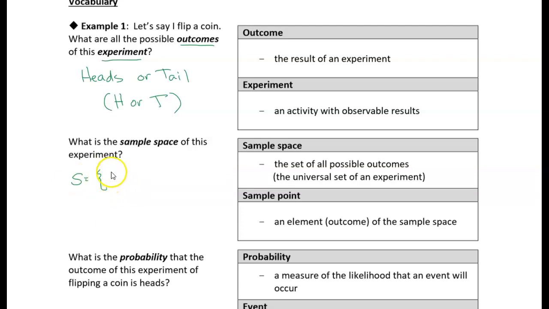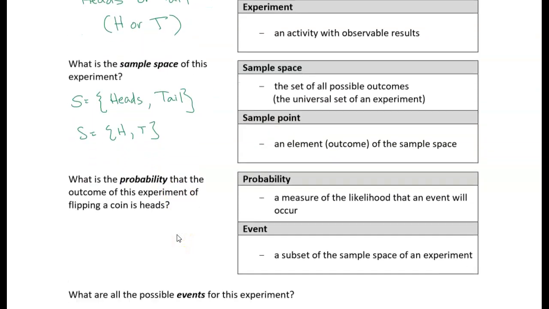It's the set of all possible outcomes, so it's just heads or tails. Okay, those are all the possible outcomes, right? Now probably more commonly you're just going to see it written as H and T because that's easier to write. So a sample point is one element of the sample space. So that's just one of the outcomes. Okay, that's called a sample point.